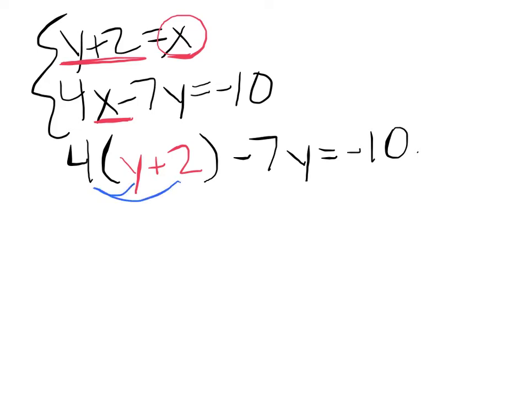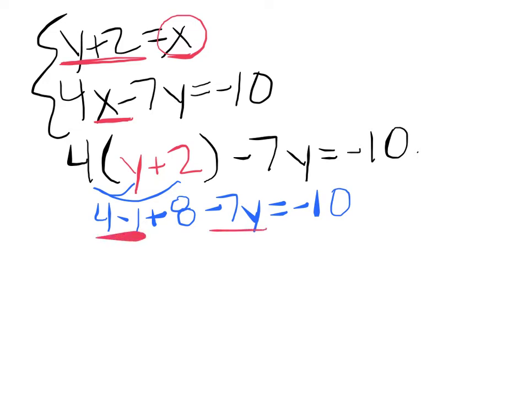So we're going to distribute. Alright, now we have to combine like terms. So we have, let's see, 4 y's here, and we have negative 7 y's there. 4 y's minus 7 y's is negative 3 y's.